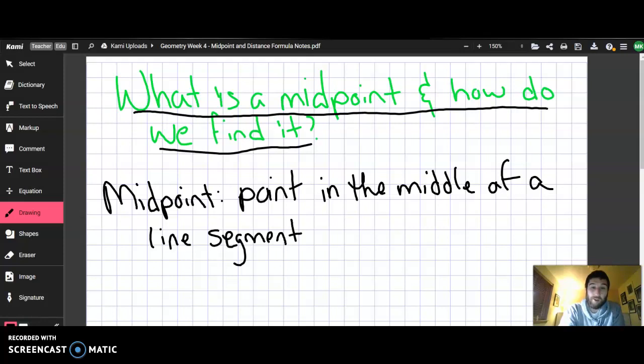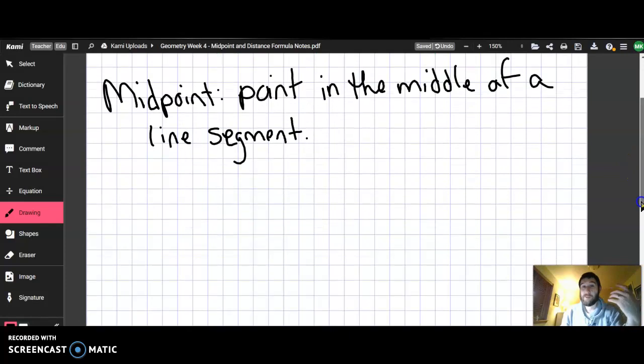Now, when we put that in more geometric terms with some other vocabulary, if it's in the middle, what that actually means is that what's to the left of it and what's to the right of it, what's on either side of it, is the same. And if it is the same, then it's the same distance on either side. And we want to use the word equidistant.